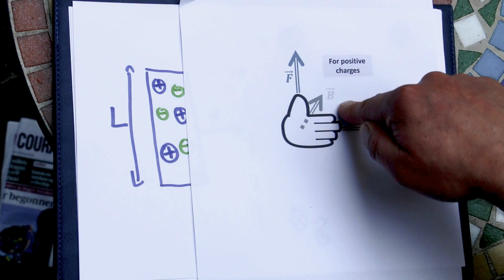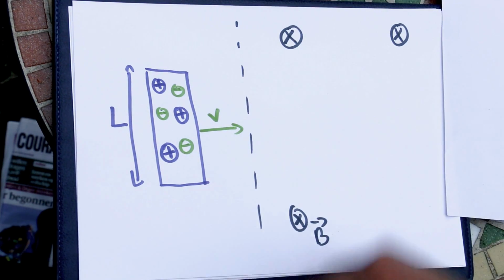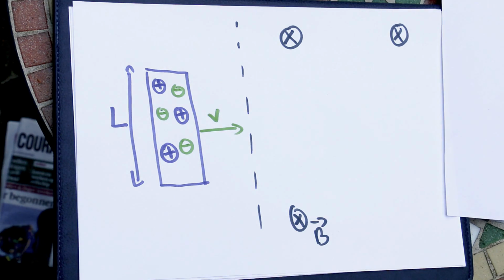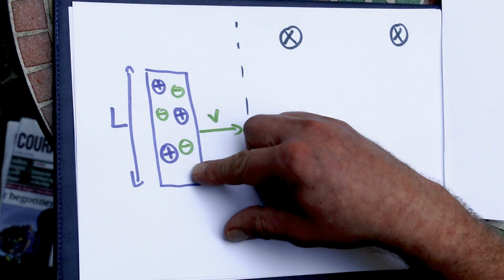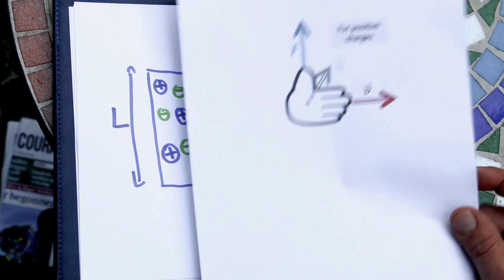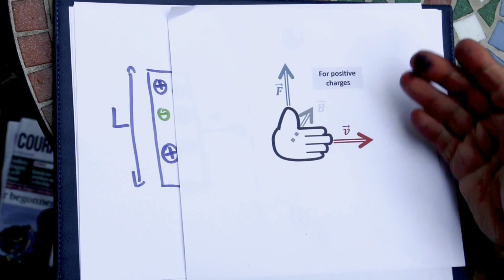The field is towards the page, so the force on a positive charge would be upwards. But the positive charges can't move because they are fixed, they make the structure of the bar. But the electrons can move in a metal, so it is the electrons which are going to feel a force downwards. Remember, this is for positive charges. If you want to have this for negative charges, you have to flip your hand.